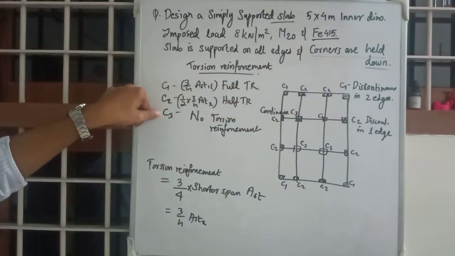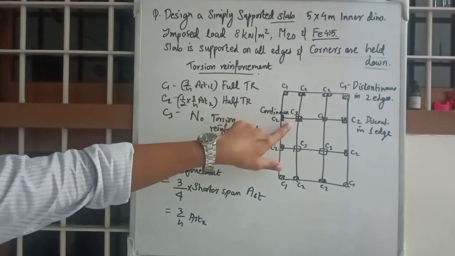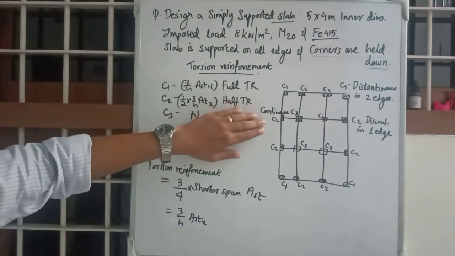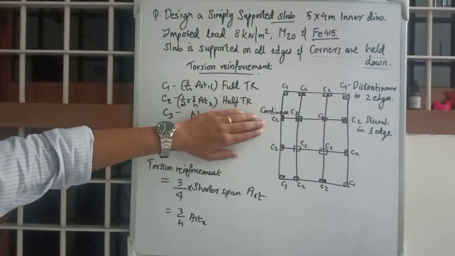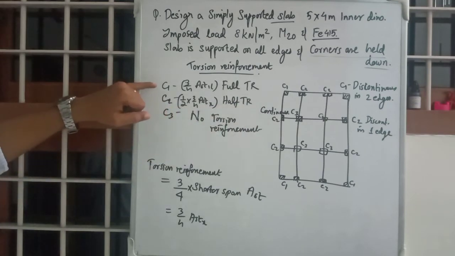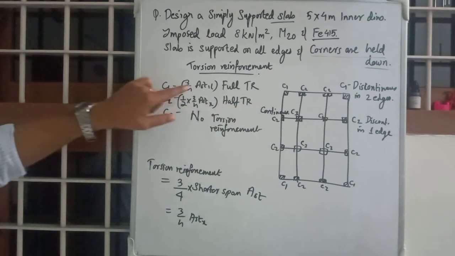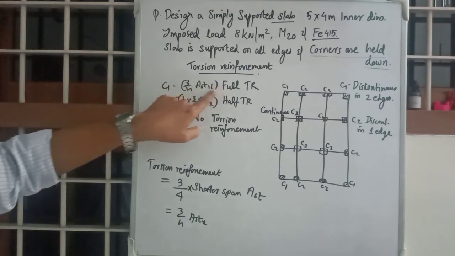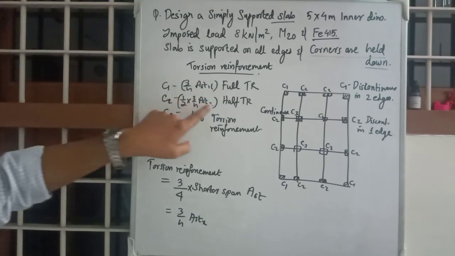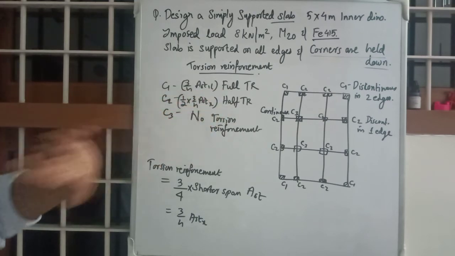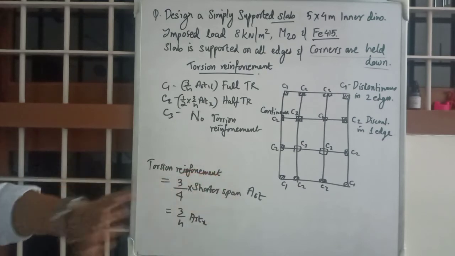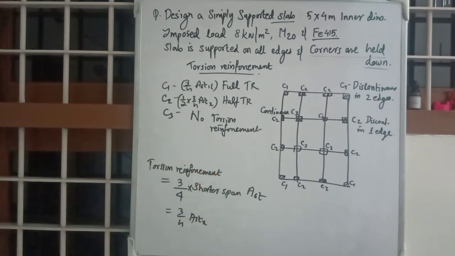If there is a type C3 corner, you need not provide any reinforcement for torsion at the corner. If it is C1, you need to provide full torsion reinforcement. If it is C2, you need to provide half of this value. That is the full theory of torsion reinforcement.